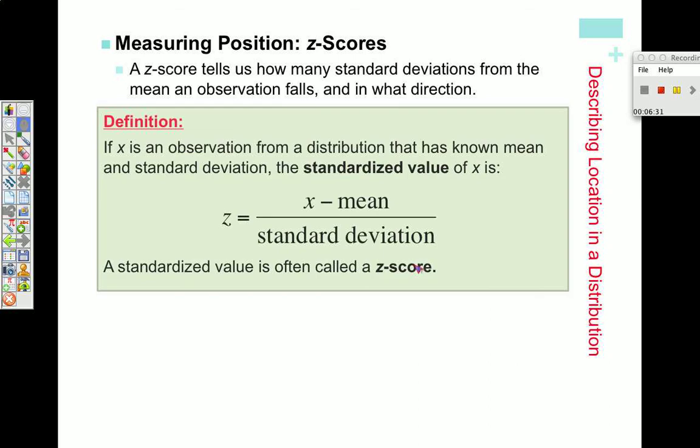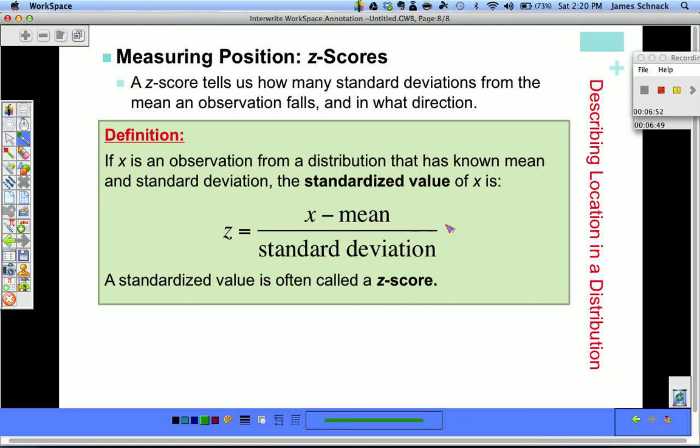So here is how we find our z-score, our standardized value. We take our data value, x, subtract the mean, and divide by the standard deviation. So we're finding out how far apart they are, and then by dividing by standard deviation, we're looking at how many of those we are away.